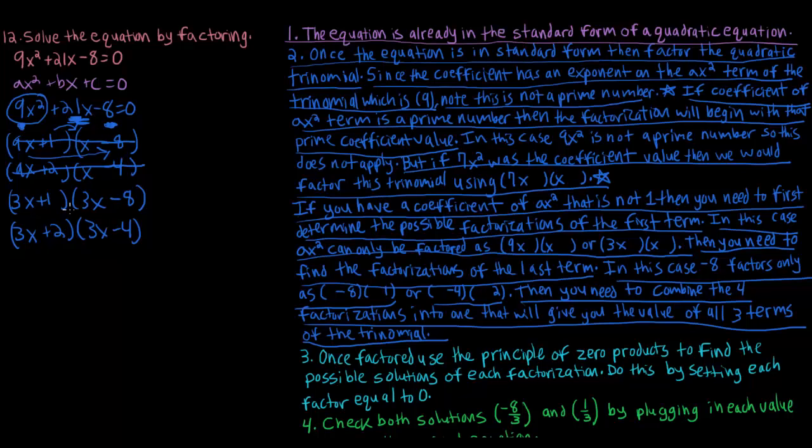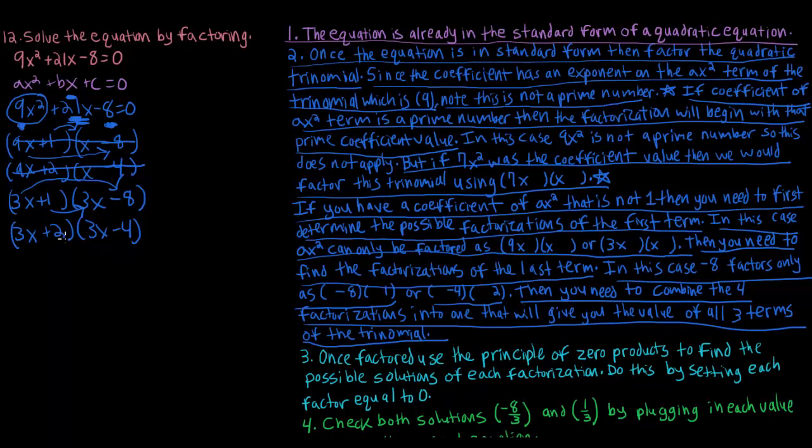Then 3x times -8 is -24x, and -24x plus 1 times 3x gives us -21x. But -21x isn't our middle term, because 21x is positive.